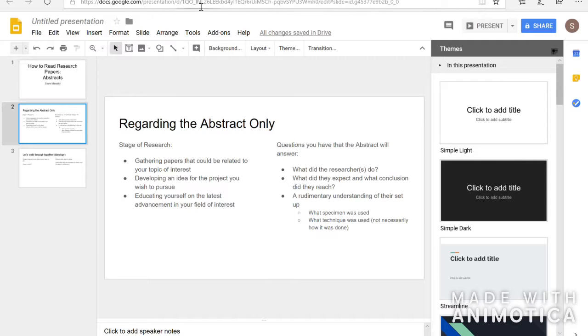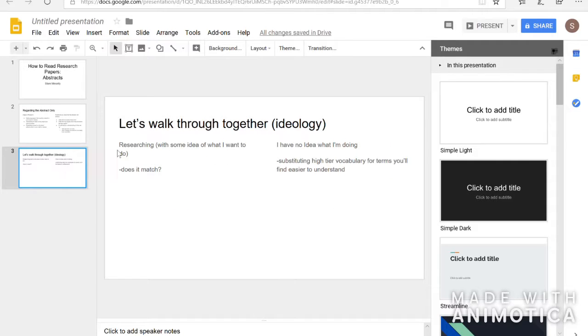Okay? Now, before we dive into reading our first abstract, you can dive in with two sort of mindsets. Some of us that are a little bit more experienced, and we've been in the field for a minute, will dive in with the research topic that we have in mind.